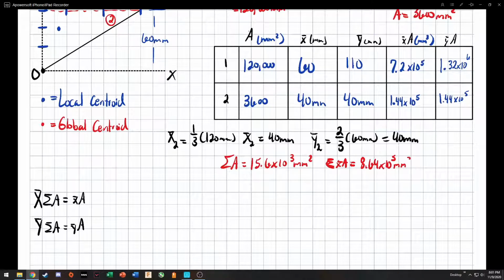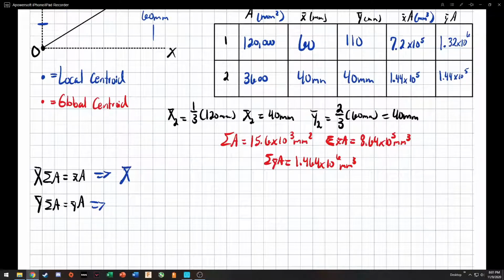This is going to be cubic millimeters. And our sum of our y bar times our area is going to be 1.464 times 10 to the 6th cubic millimeters as well. Now that we have those values, we can use these equations right here given to us from the book to solve for our global x bar and y bar.